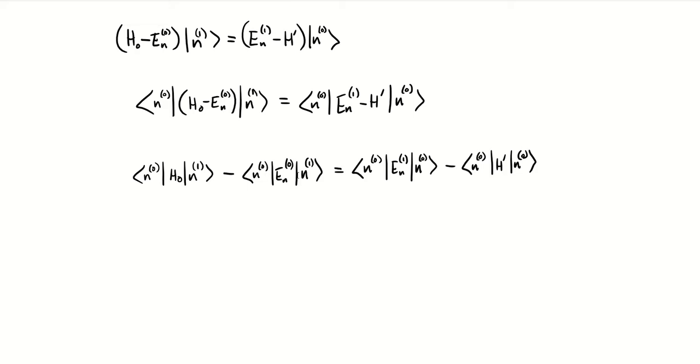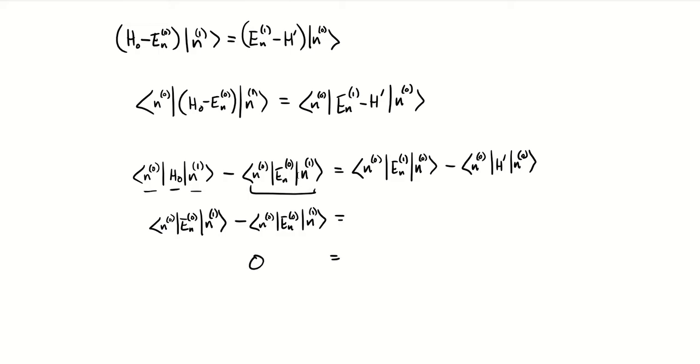Well, the easiest way to see this is this Hamiltonian can operate on this ket, or it can operate on this bra. And if it operates on that bra, we end up just having En0. It's an eigenvalue equation, right? For that nth state, the zeroth thing. And minus, well, it's the same term there. So these two terms cancel and equal 0. So we have 0 on the left-hand side.